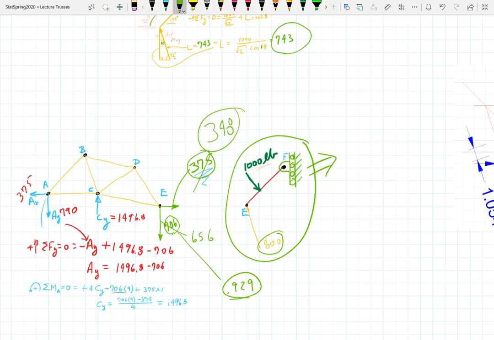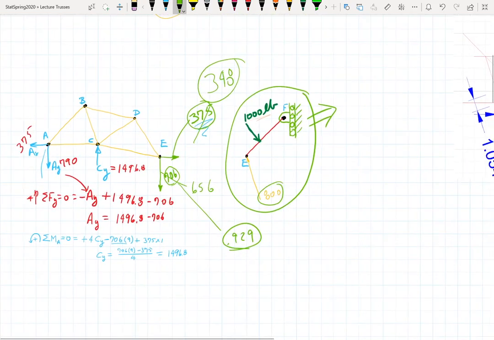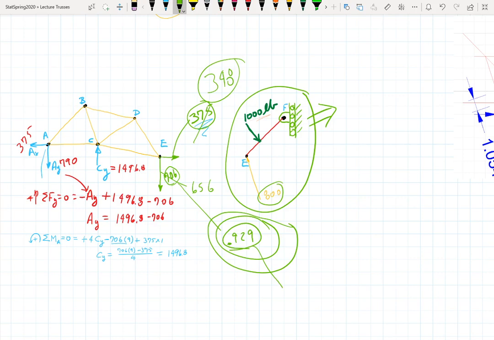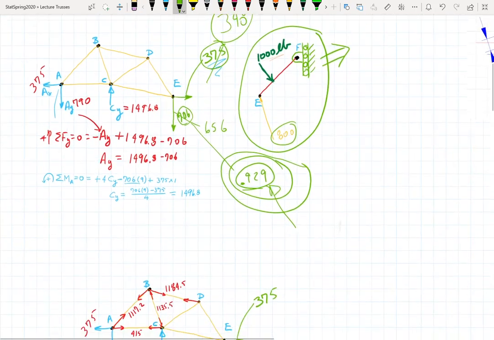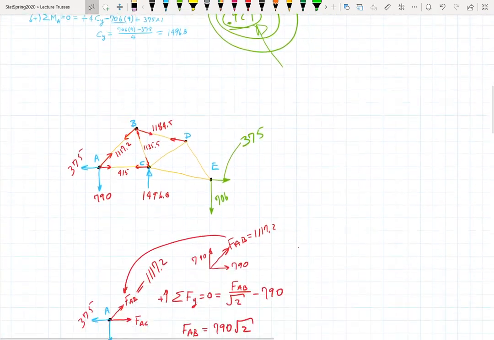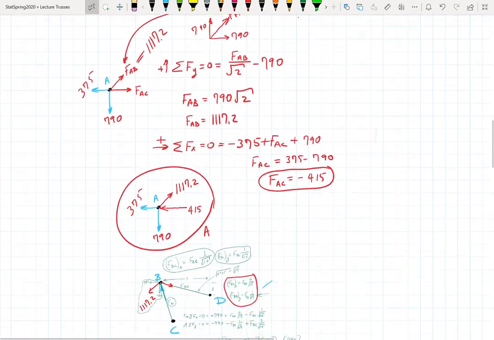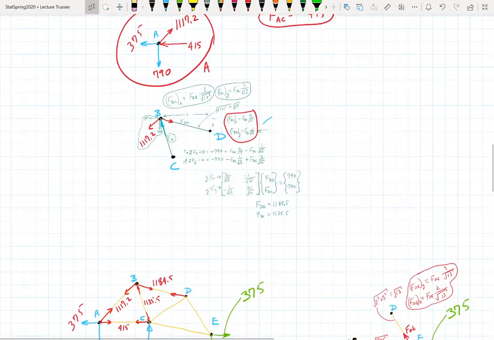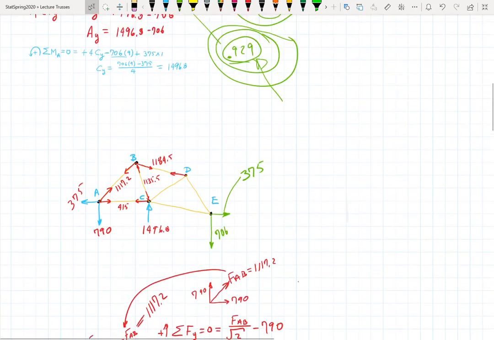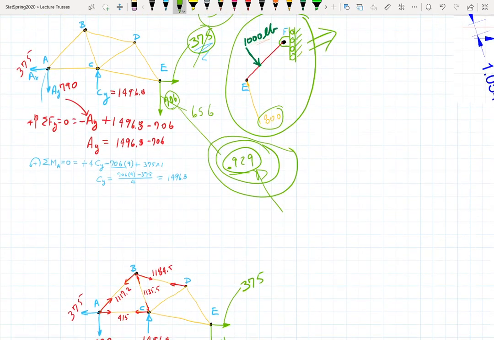So I stand corrected here. What's interesting is because of superposition, all the answers will drop by that factor anyway. So everything you get will be smaller by whatever that percentage is.